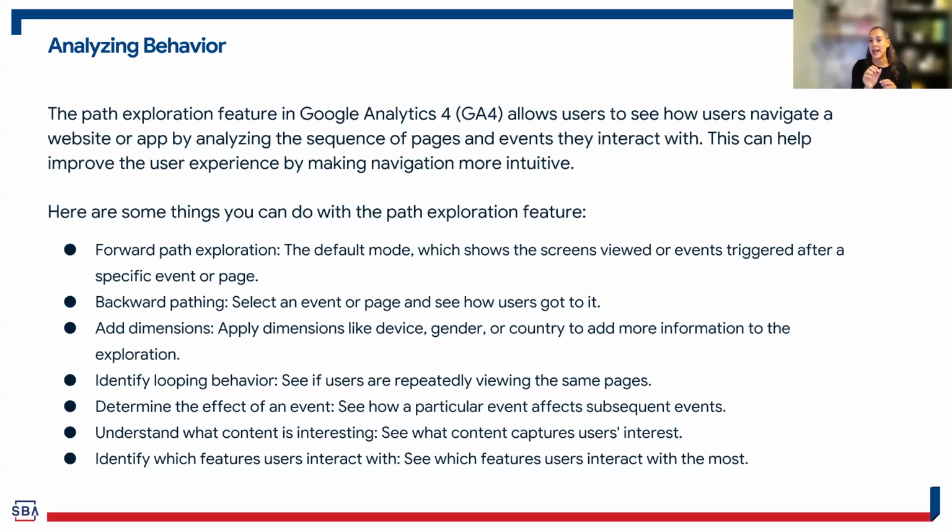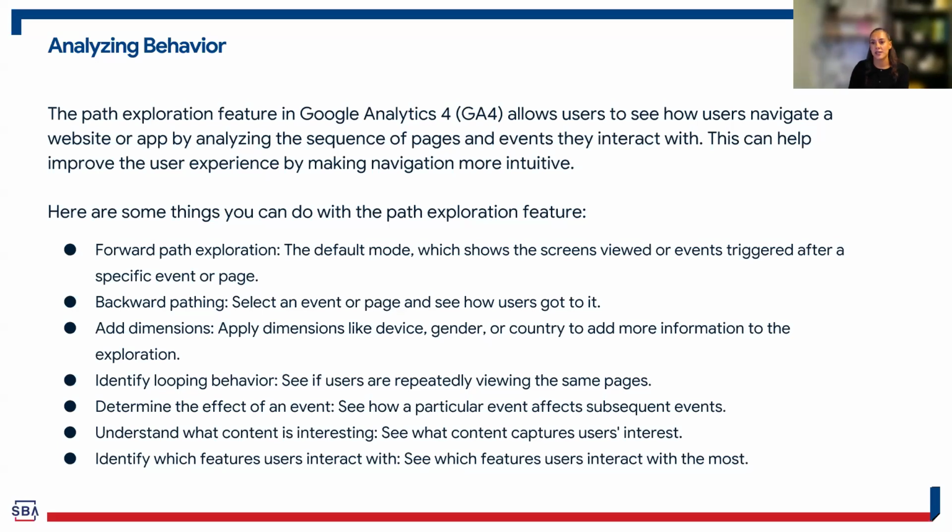So maybe you need to add an extra line here, or maybe you need a whole new page, right? You can start to think about how people are behaving and why. You always want to look at that why. And you want to reduce that friction. You want people to make a decision. And the best way to do that is to give them the information they need to make that decision versus having them click around your website for 12 minutes. You can also add dimensions.